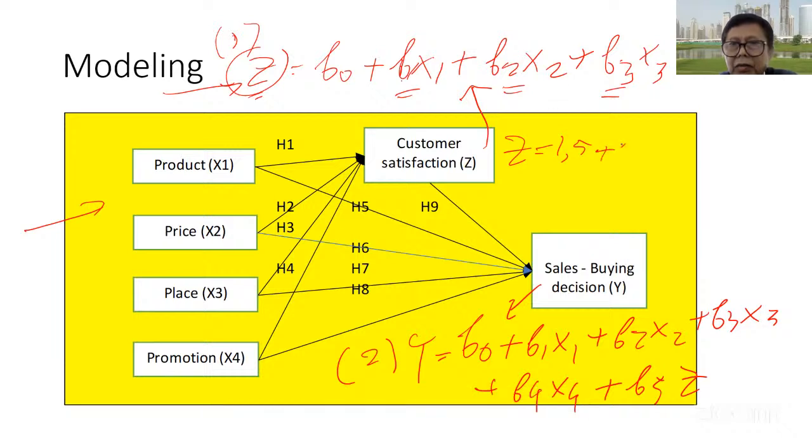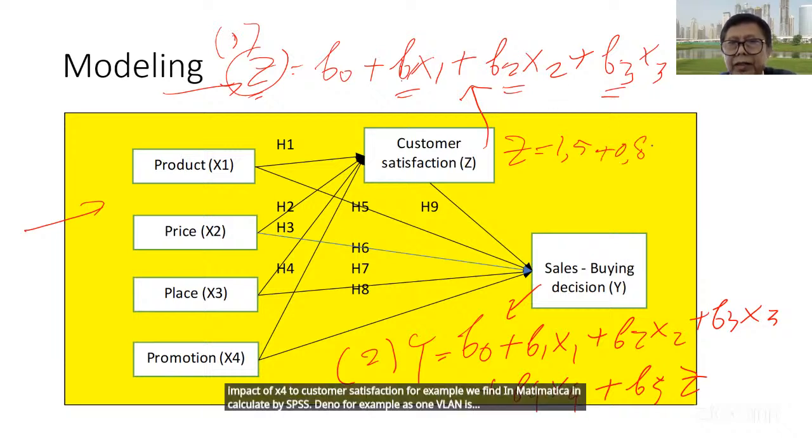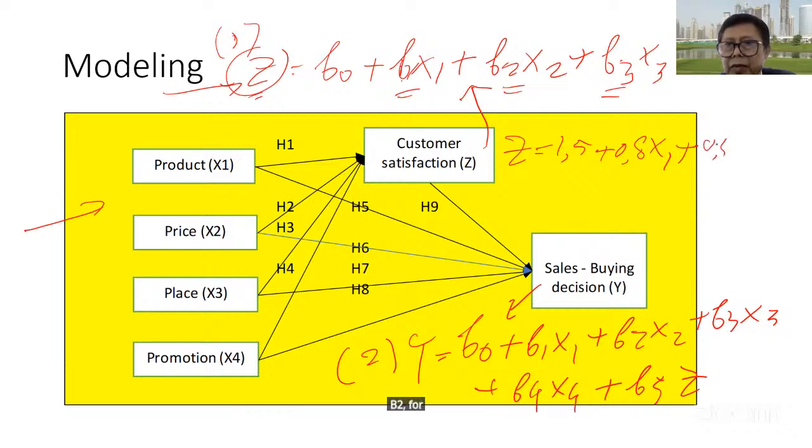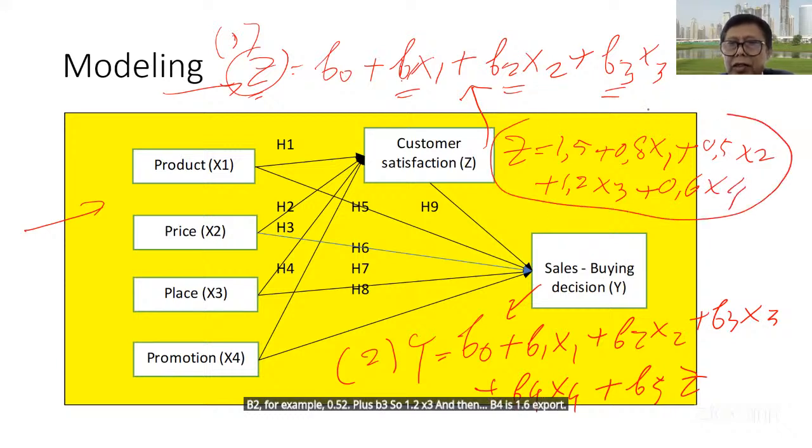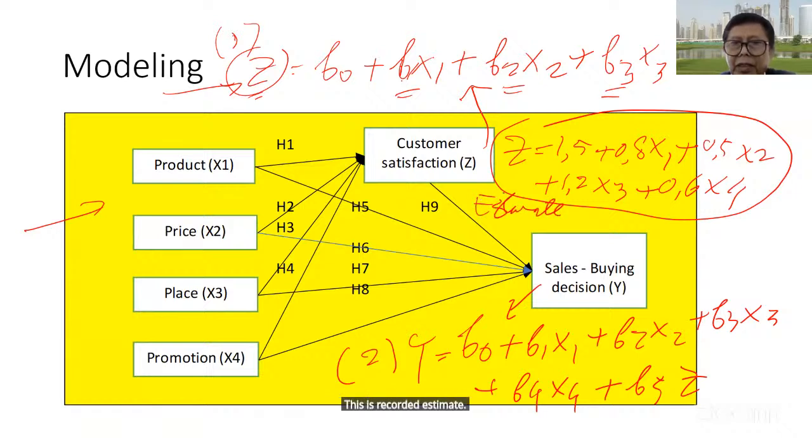B1 is 0.8 X1. B2, for example, 0.5 X2, plus B3 1.2 X3, and then B4 is 1.6 X4. We call this the estimate.